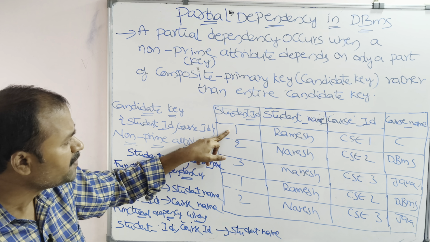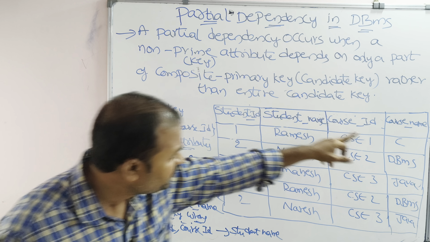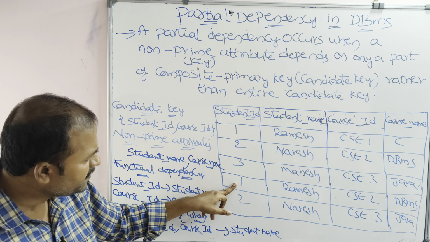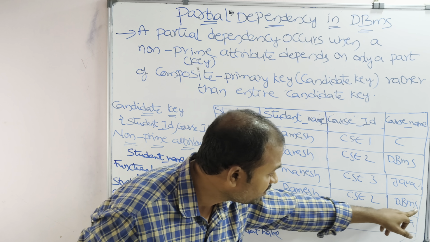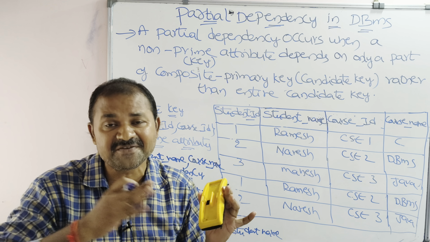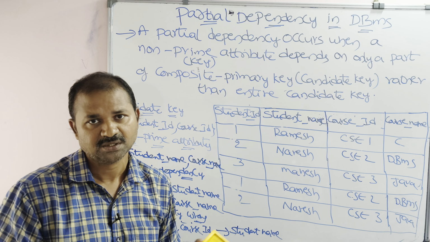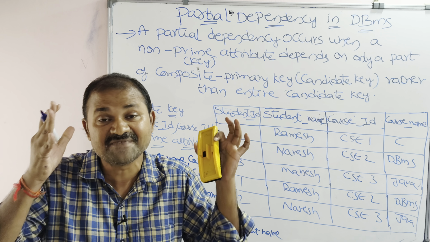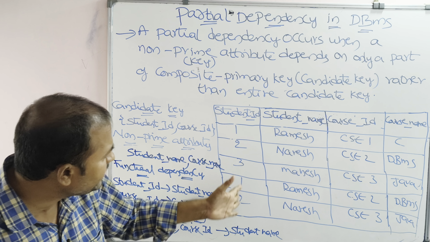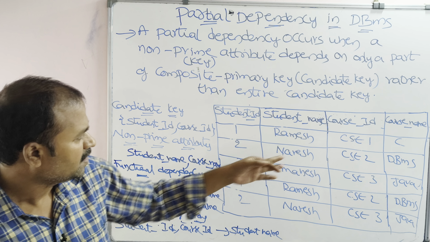Here, registered number 1 student registered for C course as well as DBMS. Primary key means duplicate values are not allowed; the values must be unique. So we can't select student ID as the primary key.